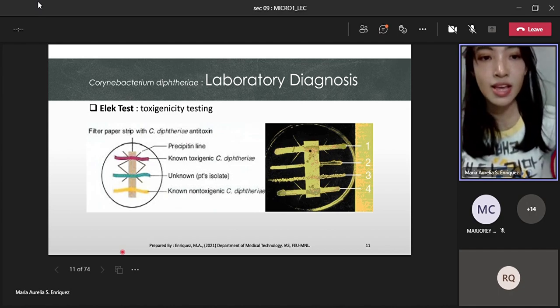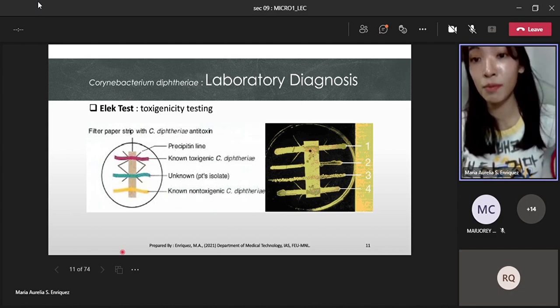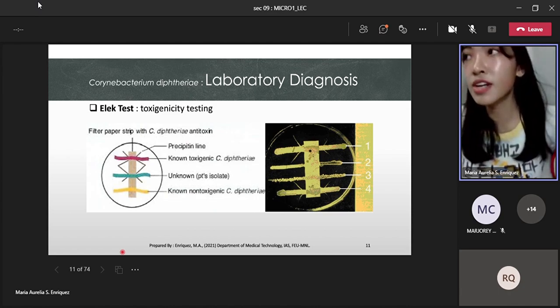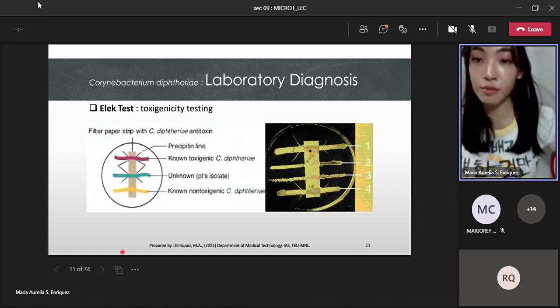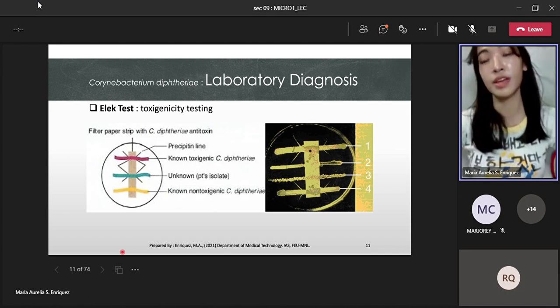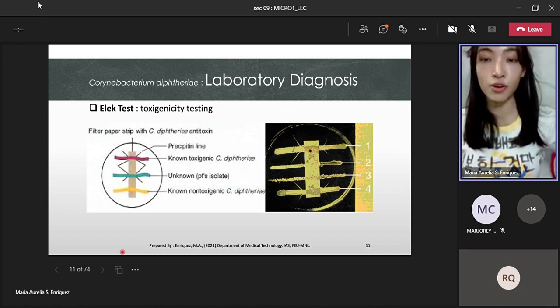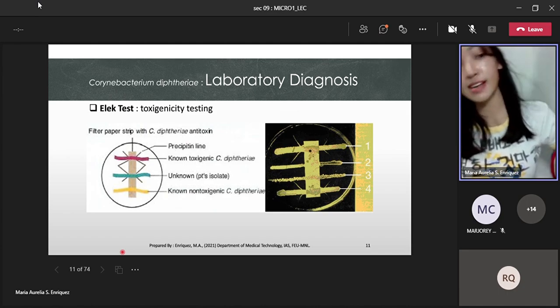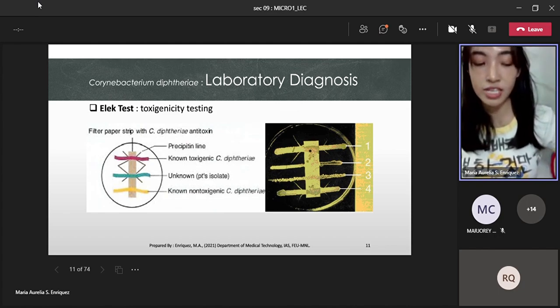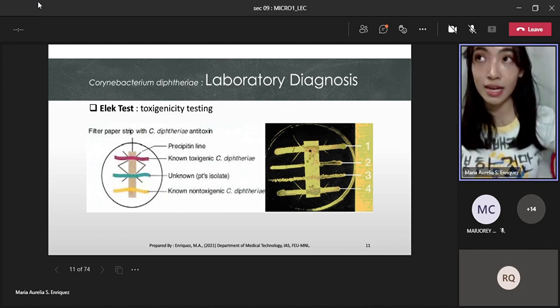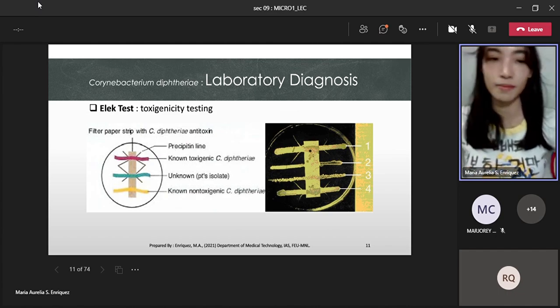So yeah, that was for the LEC test, which is a toxigenicity testing. Dahil po, again, not all Corynebacterium species or not all C. diphtheriae can produce the diphtheria toxin. So hindi po lahat ng C. diphtheriae isolates would automatically mean na it was the causative agent of the patient's disease. Okay?